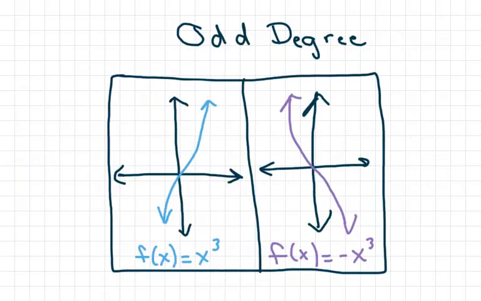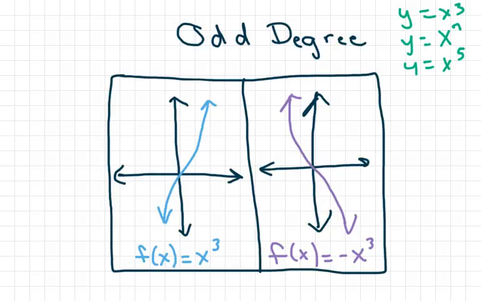So we have odd degrees. That would be y equals x cubed, y equals x to the fifth. We could have y equals x to the seventh. Anything with an odd degree of the polynomial.